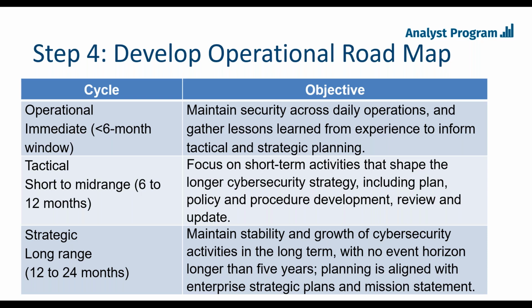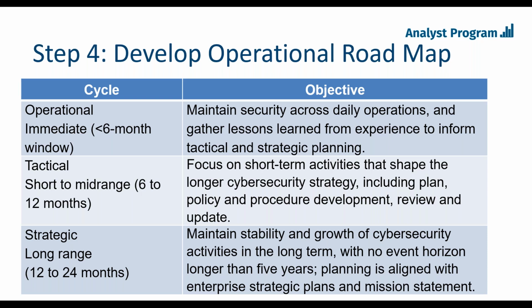Most organizations look at the operational and tactical cycles, and more often than not I find that security planning isn't really baked into their strategic plan. And for that long-range plan, you don't want to get too far out, because at 5 years the technology moves too fast.